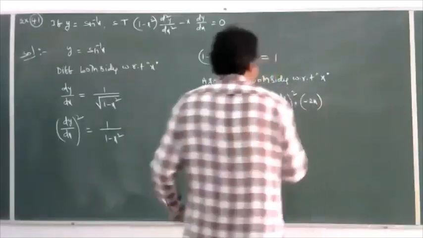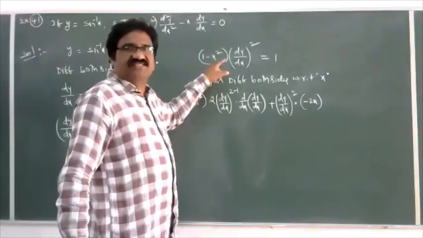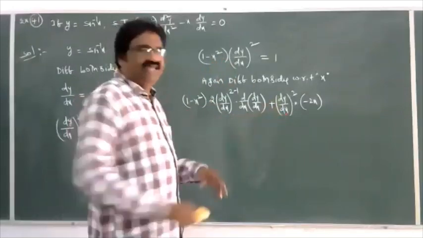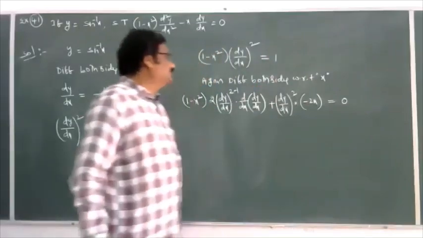Here 1 derivative 0, minus x square derivative 2x. That is minus 2x, equal to constant derivative 0.